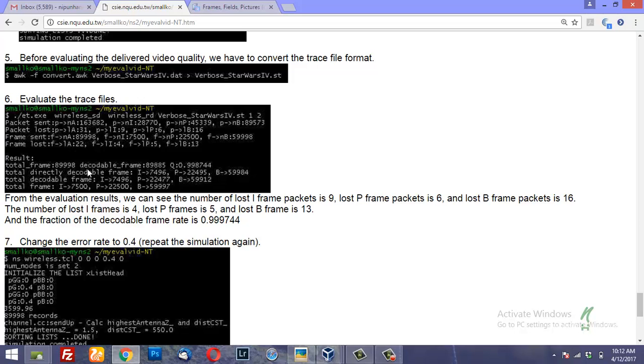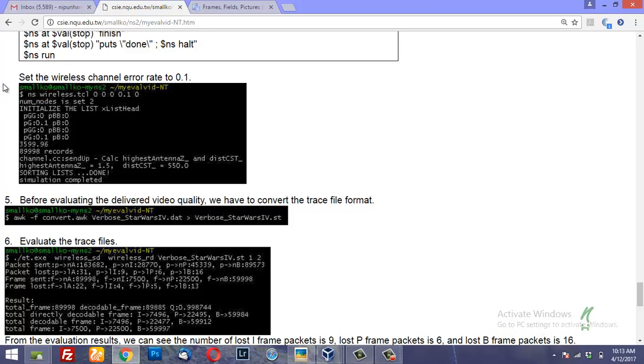Then from the number of frames sent and the number of frames lost, you can find a quantity known as Q, which in this case is 99%. This is known as the fraction of decodable frames, which is pretty high in this case because Smallco performed this experiment with a very small channel error rate.